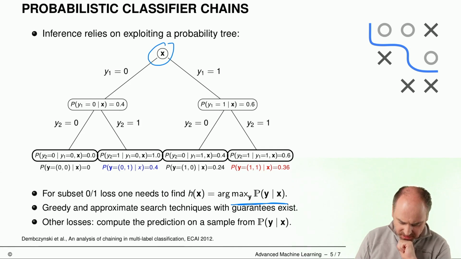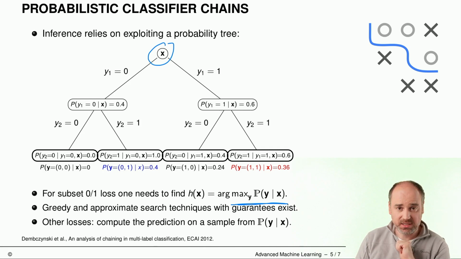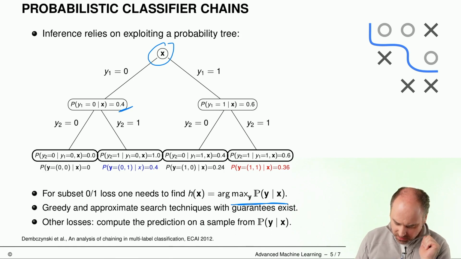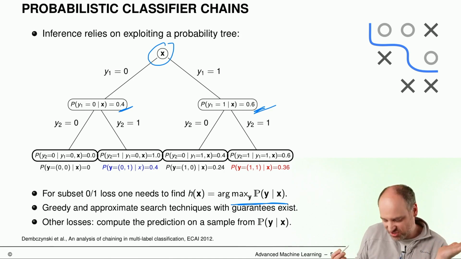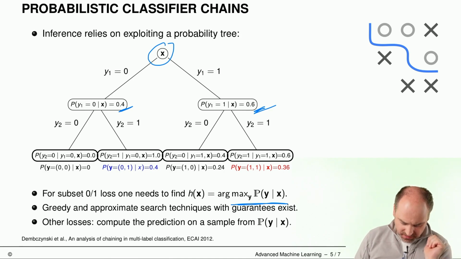The probability of y1 being 0 given x would be predicted by our first model in this chain, where we do not have to rely on any additional targets, and we can compute that. We can also do this for the counter probability of y1 being 1. It becomes a bit more interesting at the second level, where we predict the probability of y2 equals 0, but now based on y1 equals 0.